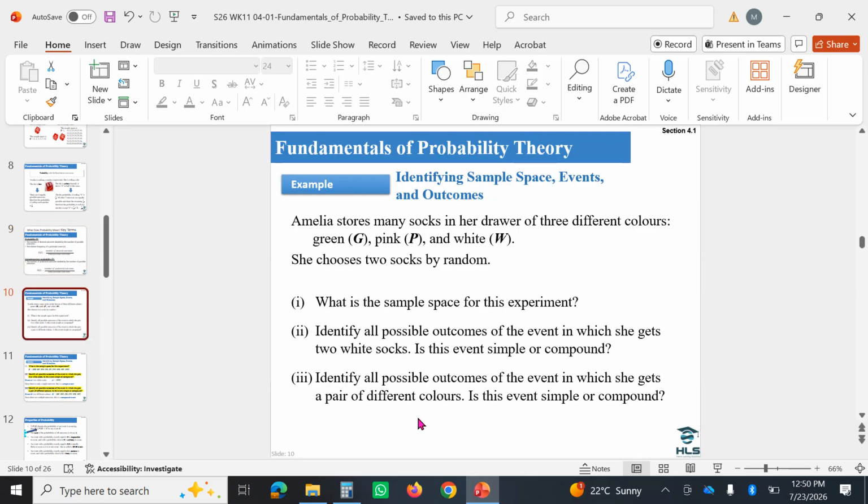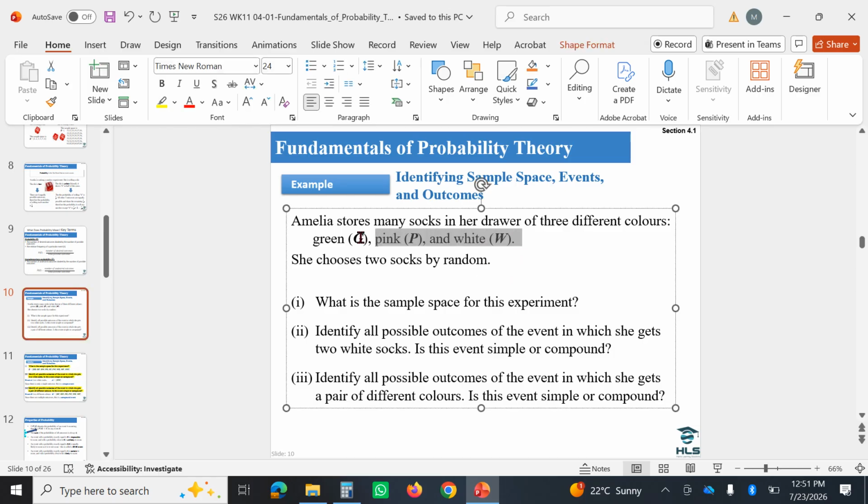So, identifying sample space, events and outcomes here. Amelia stores many socks in her drawer of 3 different colors: green, pink, and white, and they're all randomly in her drawer. She chooses 2 socks at random. What is the sample space for this experiment?